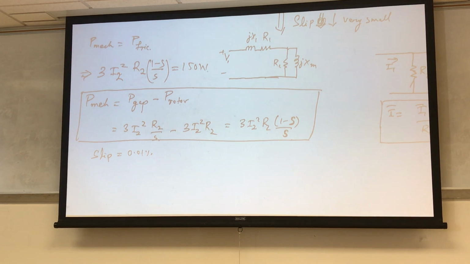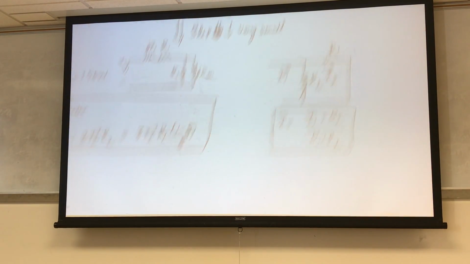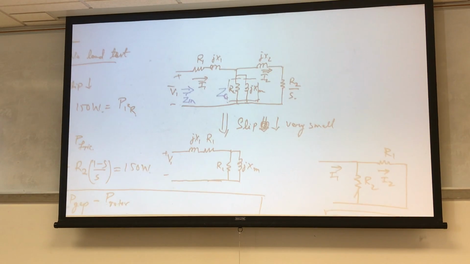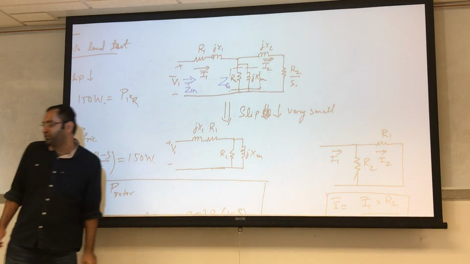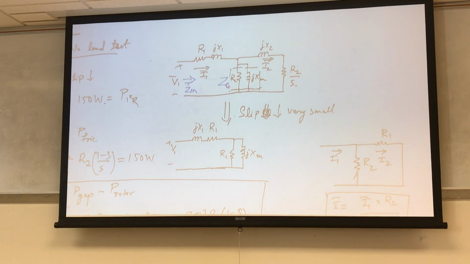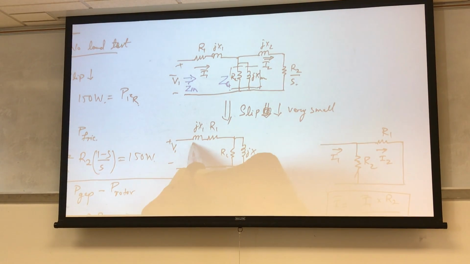So the question is asking you to find the terminal current and input power. So just look at this equivalent circuit. It's asking you to find the terminal current. What is the terminal current in this case? Terminal current is I1.